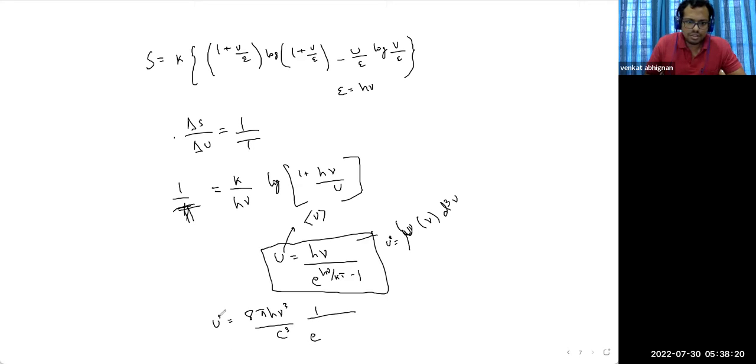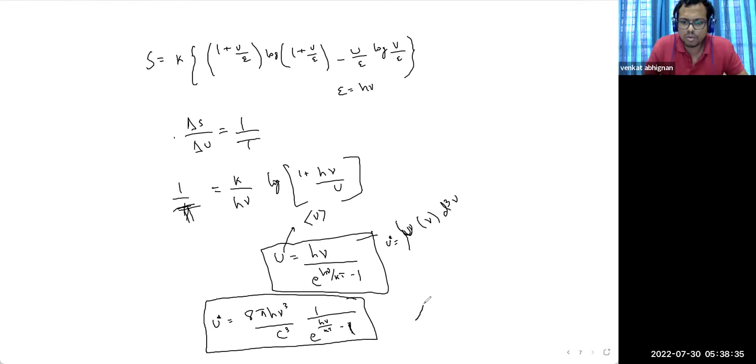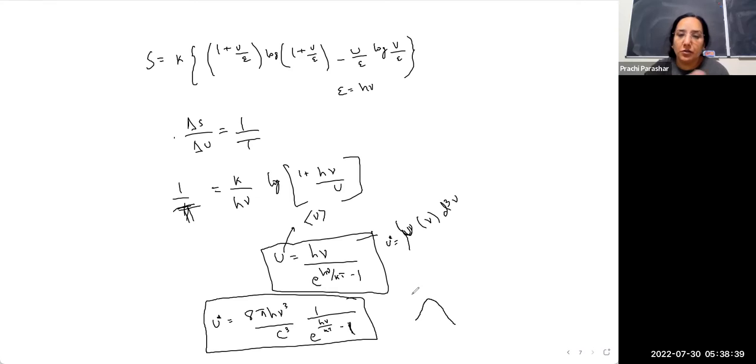Okay, I need to differentiate this. This is the energy density, the Planck's blackbody that we are interested in. This is what you plotted.